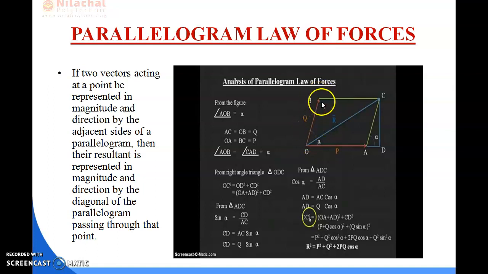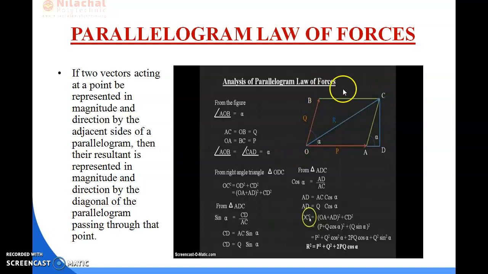After that we draw another line from B parallel to the OA line, which is the P force. We draw that line, BC, and parallel to OB we draw another line, AC. After that we make a diagonal from O to C.